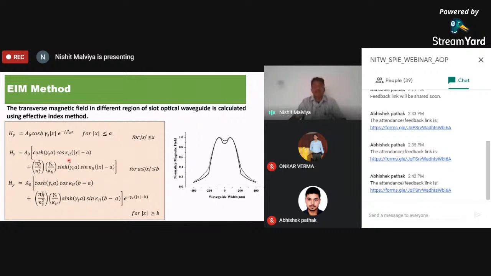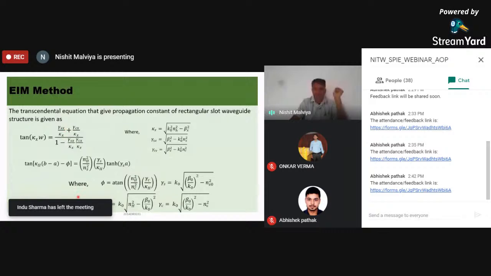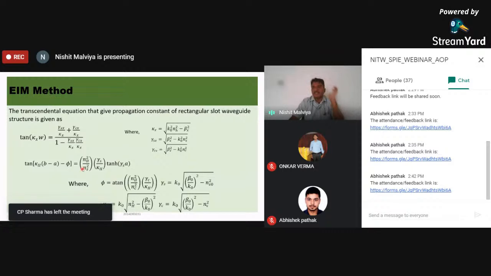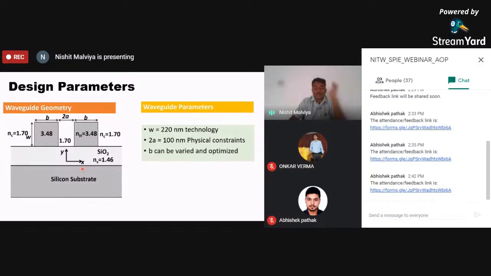In this manner, by using this equation, we have understood the silicon slot waveguide, and we also find the effective transcendental equation, solve it by using the bisection method, and get the solution for the propagation constant. This is the fundamental way we analyze what has now become a technology.